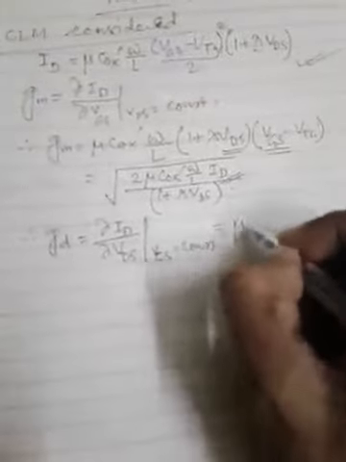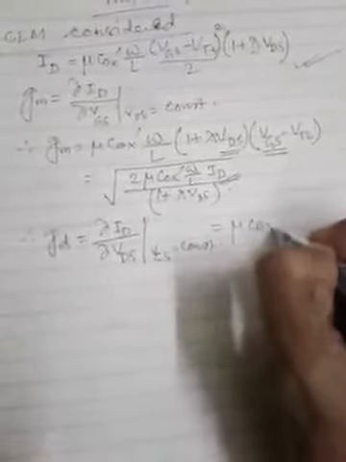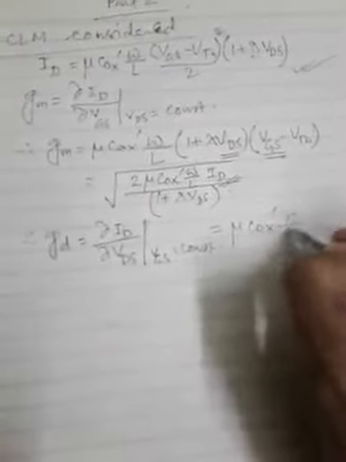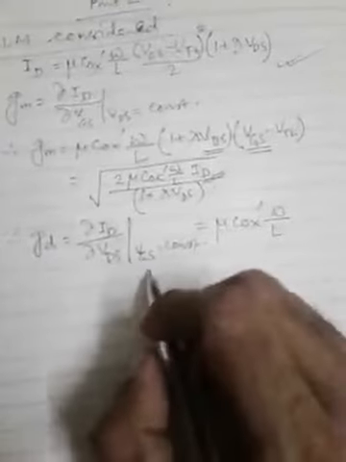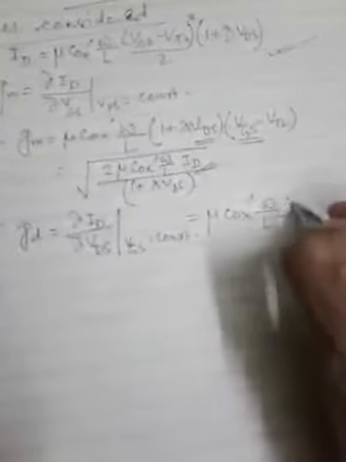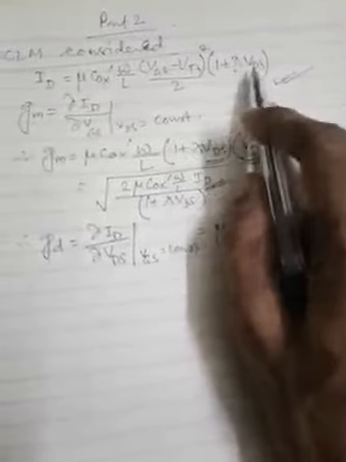The term mu COX prime W by L is constant because VGS and everything else is constant. VGS minus VTH whole square divided by 2 is constant, 1 is constant and lambda is constant. So this is into lambda.